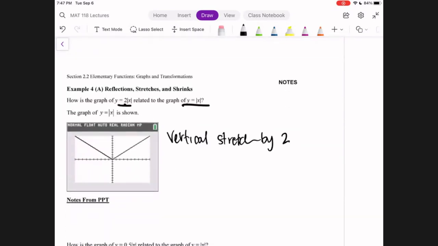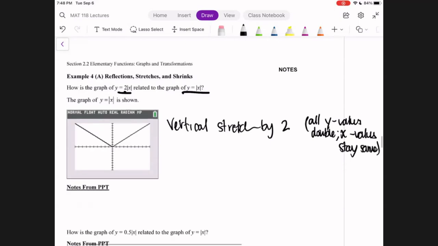You want to think all Y values double because it's multiplying by 2. X values stay the same. Okay, so kind of just looks like instead of at 1, 1, we're at 1, 2, and so forth. So you kind of eyeball it and you double it, and it should look something like this. I'm not the best artist, okay, but it looks somewhat like that.